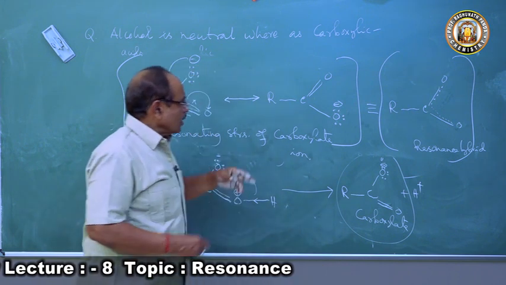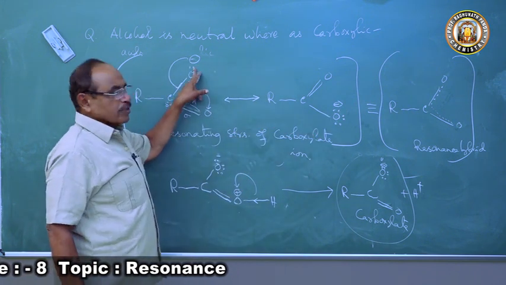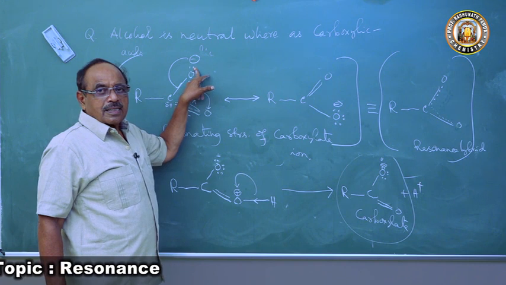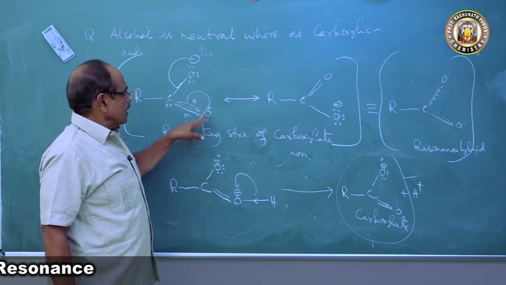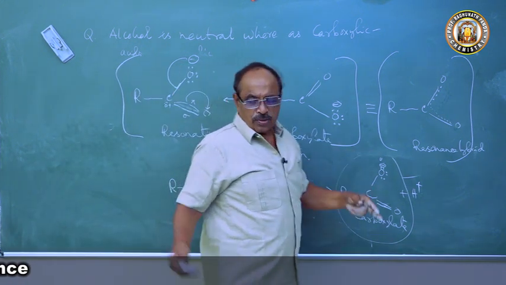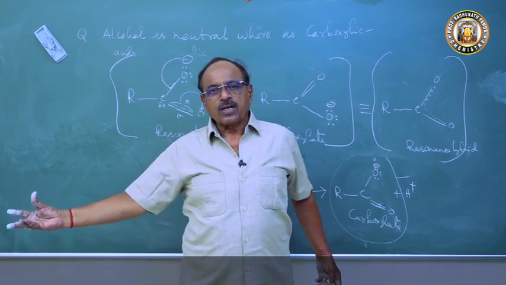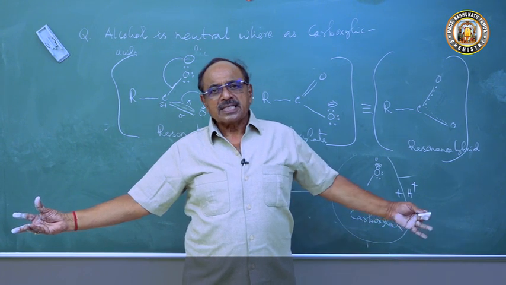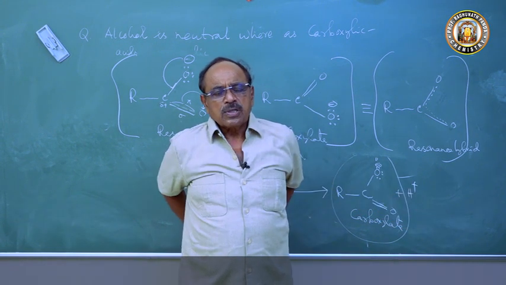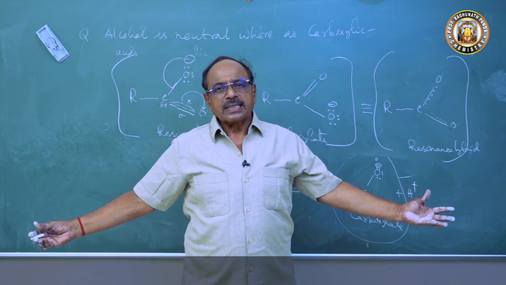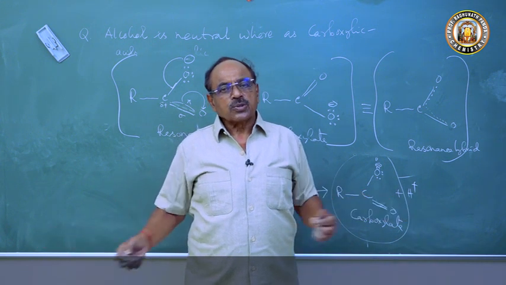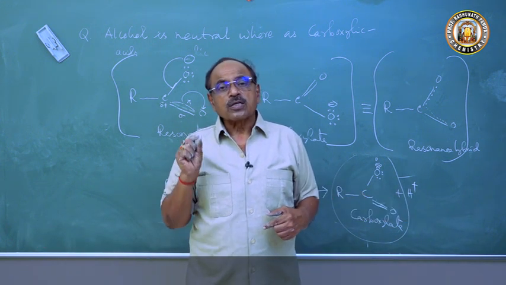The moment it wants to come to this negative charge, the negative charge comes to this oxygen, so the proton cannot be attached here. Now this negative charge again comes to this oxygen, so the negative charge is no more there. So back protonation is not possible.